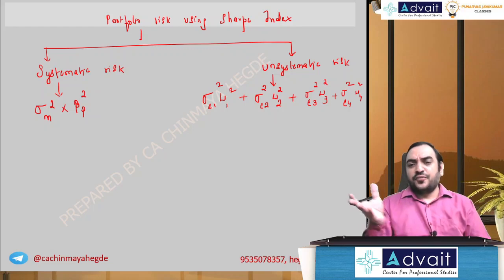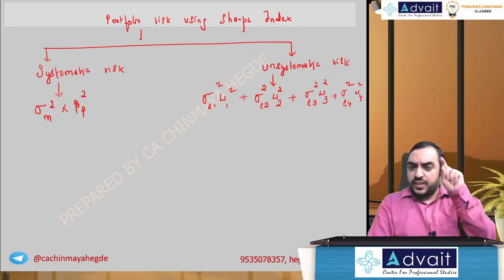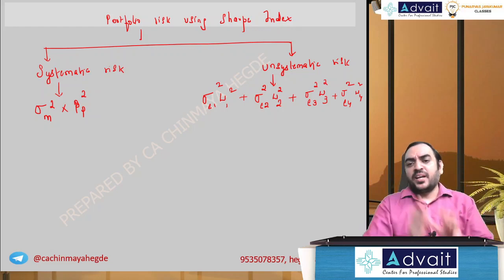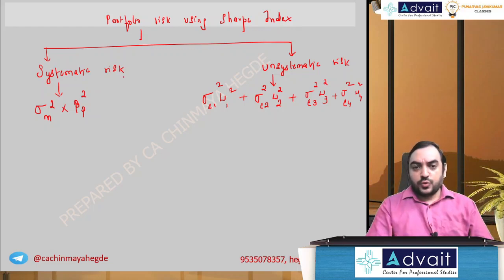E2, E3, E4 are just symbols, don't worry much. Basically, it is the unsystematic risk of a particular security multiplied by its weight, and you do the total to get the overall risk.